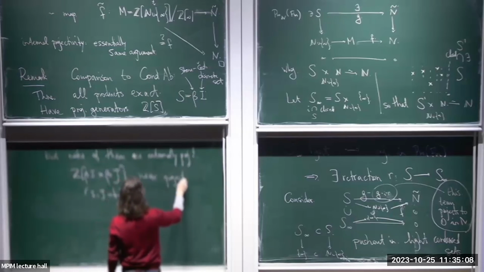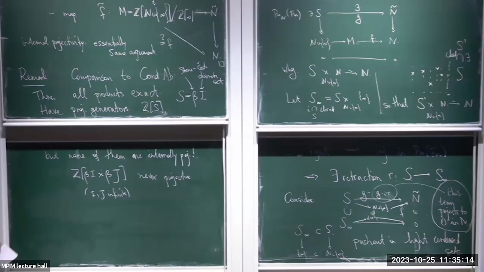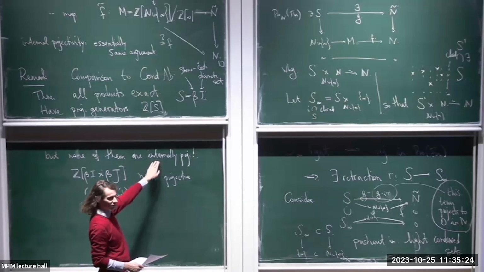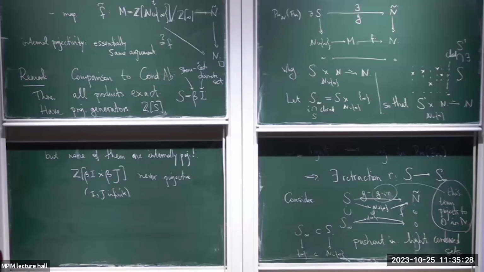That's actually not so easy to see, but we can prove it. And this is actually a rather severe technical issue in the category of all condensed abelian groups. It's extremely nice that you have these projective guys, but for many arguments, you would really like to know that they are internally projective, and they are not, and that's bad. And in light condensed abelian groups, at least we have this one really nice internally projective object. So that's good.